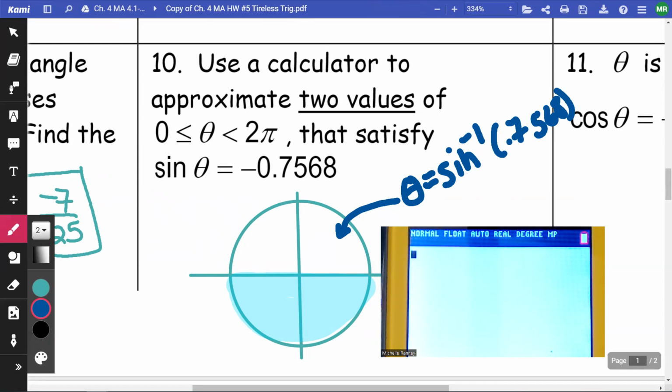I'm going to put that into my calculator, making sure my calculator is in radians.